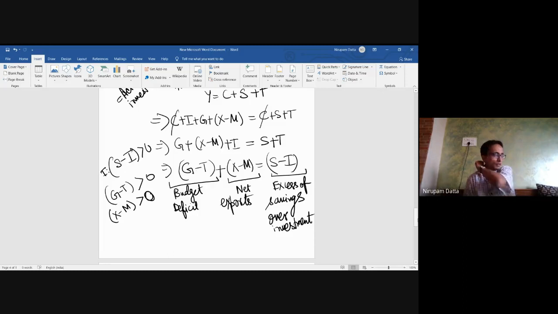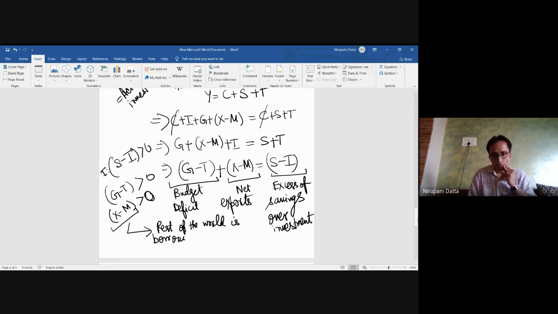The rest of the world is buying from India. So when X minus M is greater than 0, it means the rest of the world is borrowing from India to buy Indian goods.